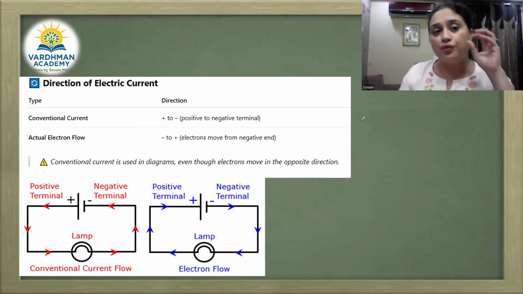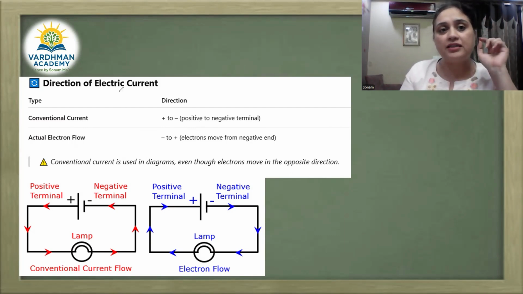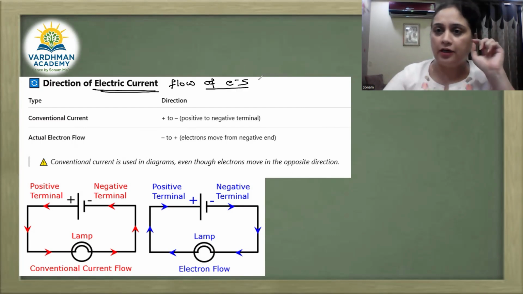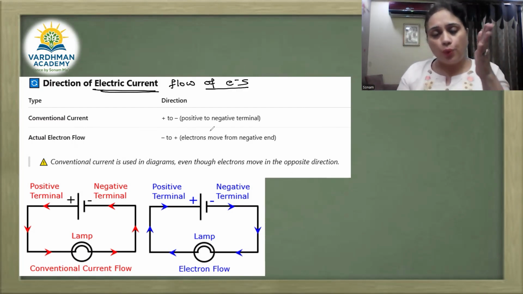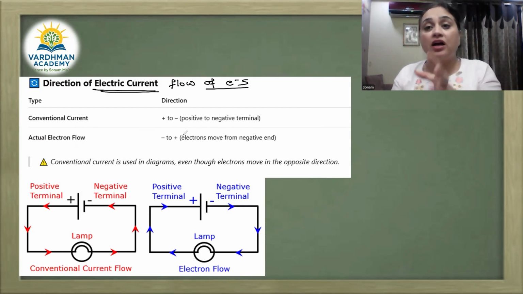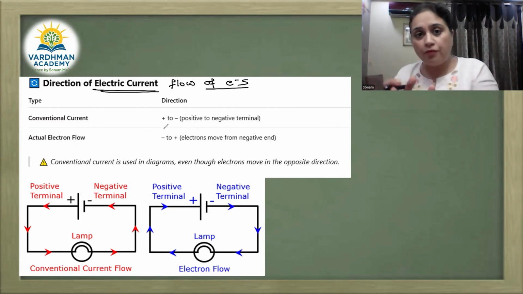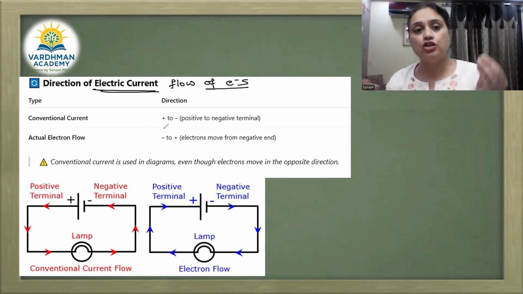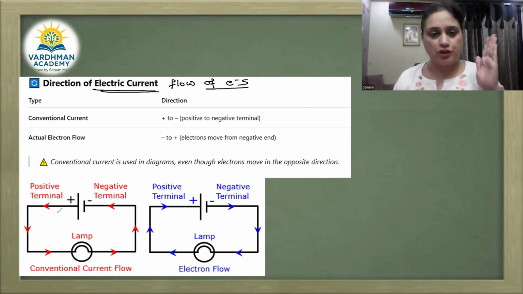So we must know that electric current is nothing but the flow of electrons through the conductor. So what happens when the electric current is carried from one end to the other end? That simply represents the flow of electrons from the negative terminal to the positive terminal.